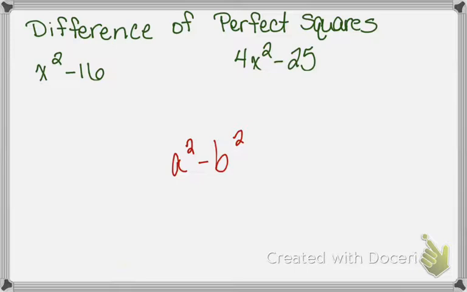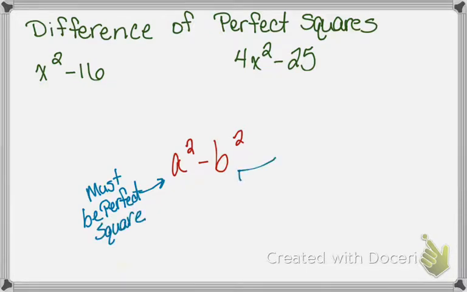And this is called a special product. This must be perfect. It must be a perfect square. This must also be perfect. It must be a perfect square.